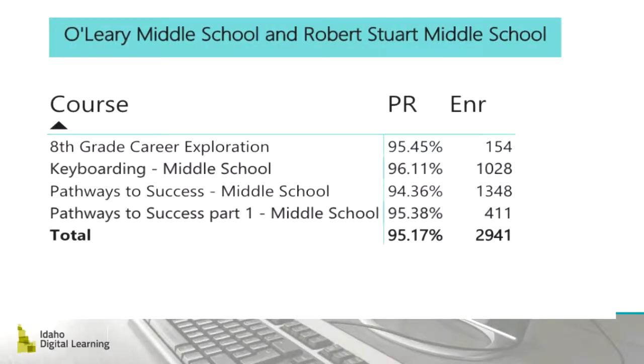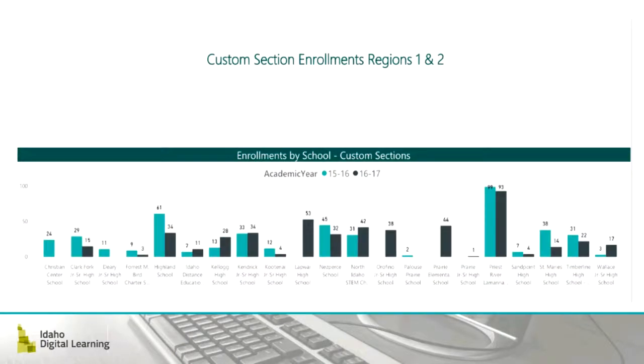Okay, excellent. Thank you, Wiley, for that. Since we were talking about custom sections, I thought I would put in for the years 15-16 and 16-17 the custom sections by region.